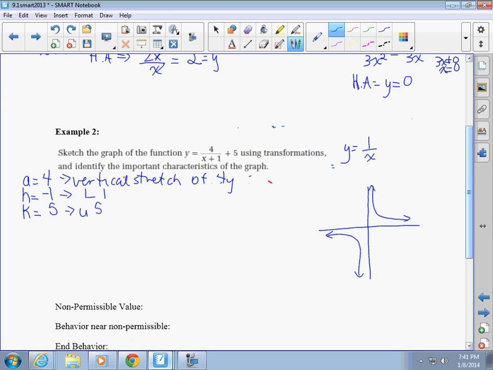So up 5. This is blue, so let's do red. So up 5. So my new, that would be my new horizontal axis.